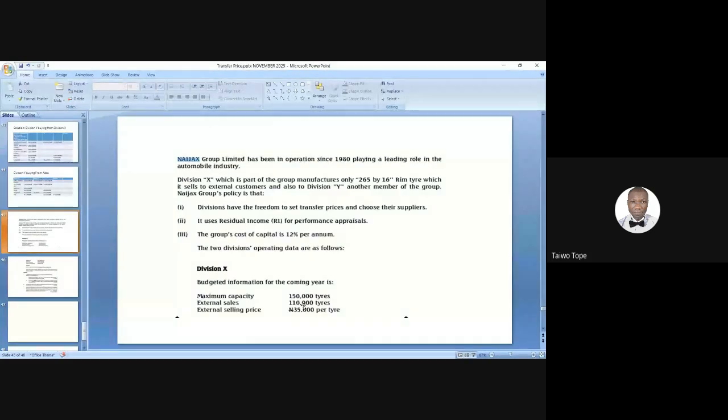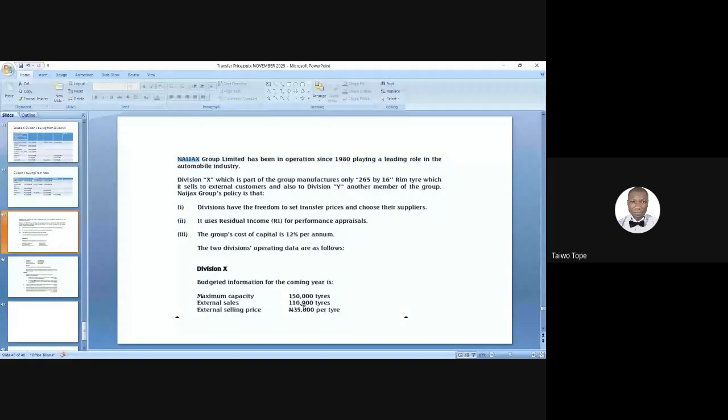So if division Y is not buying it, at what cost should division X give it out to division Y? I explained something like that yesterday at the introductory part.